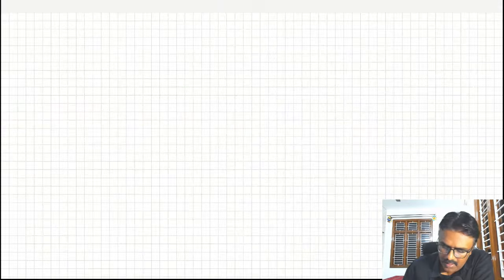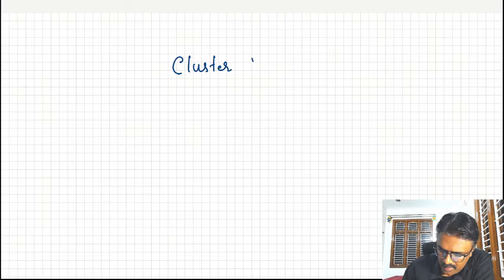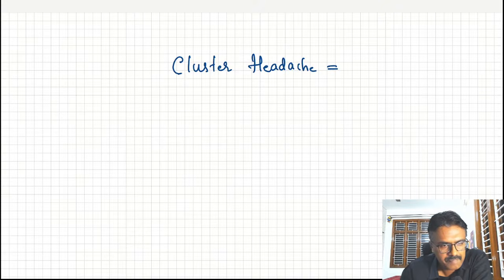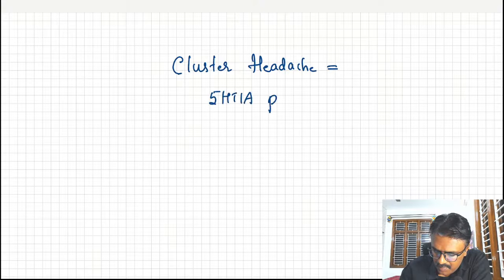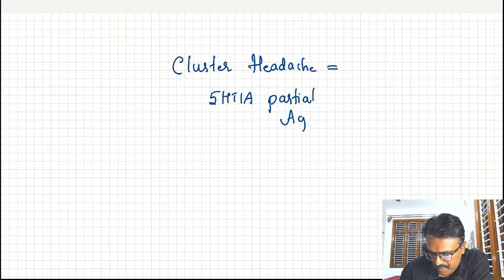Now, can you tell me how do you manage cluster headache? Yes, you would have heard of this plenty of times in the revision. What is the management of cluster headache? Tell me. Can you tell me a drug which is a 5-HT1A partial agonist used for anxiety? Let me tell you that name.